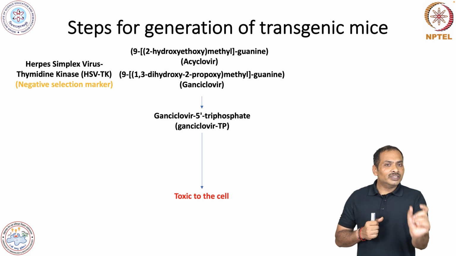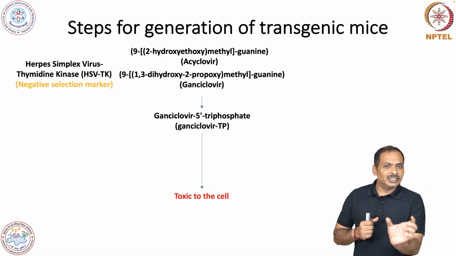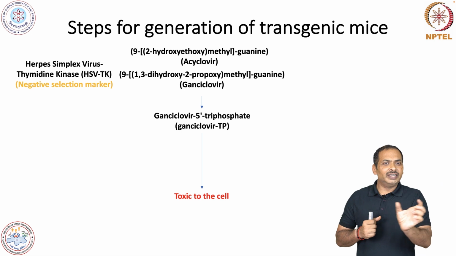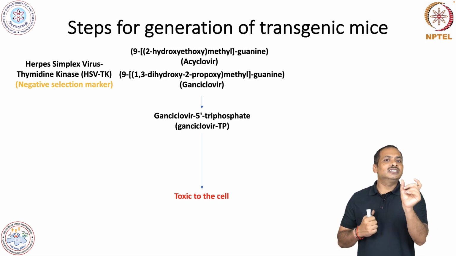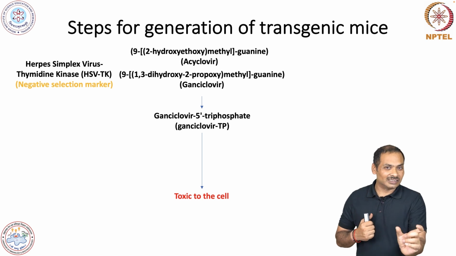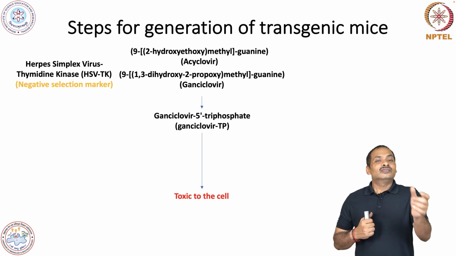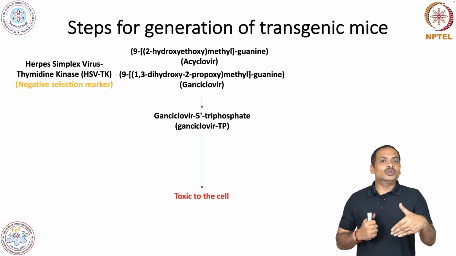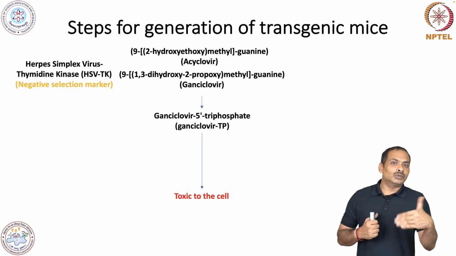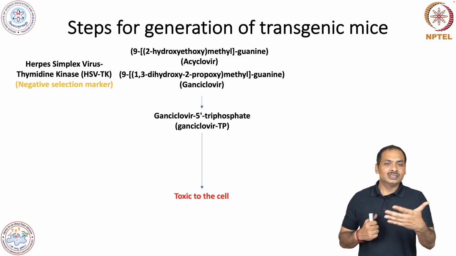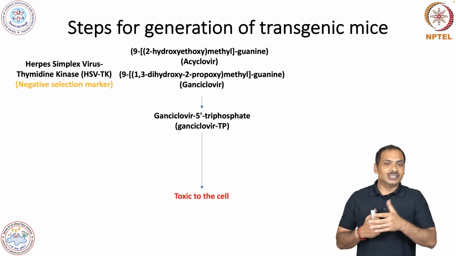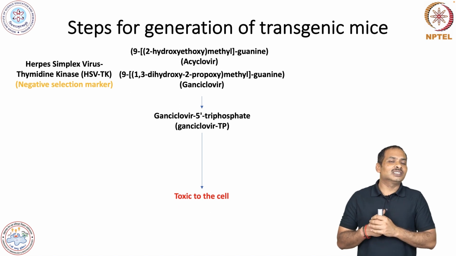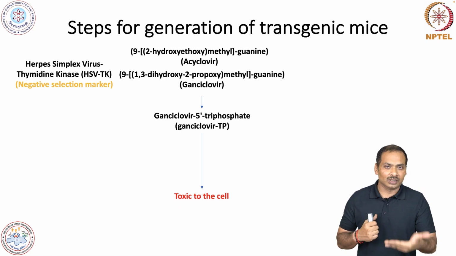If this DNA molecule incorporates anywhere in the genome, in that scenario HSV-TK will remain intact. And when you put these cells over G418, that is the drug for the positive selection marker, the neomycin resistance gene, then they will grow very nicely. Okay. But those cells are not the true cells that you want.